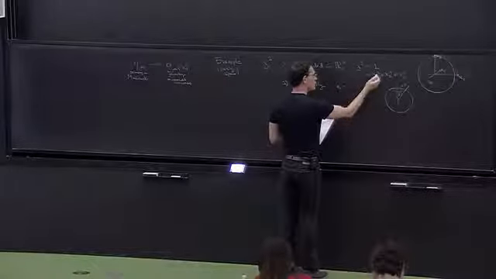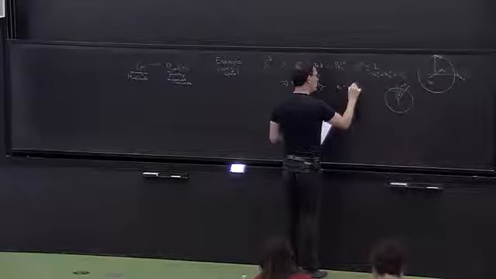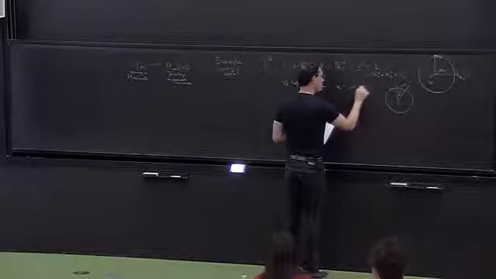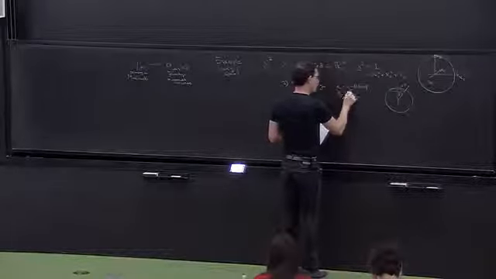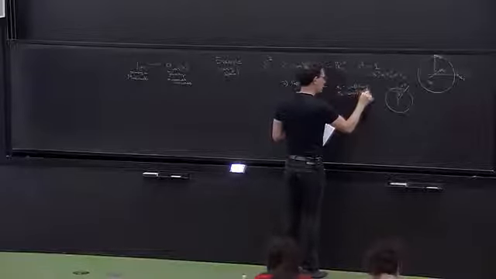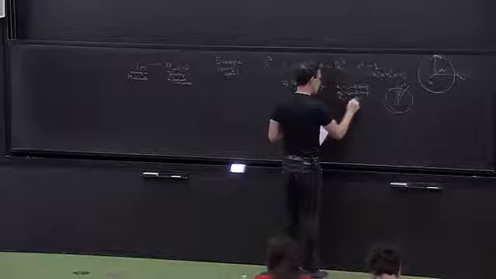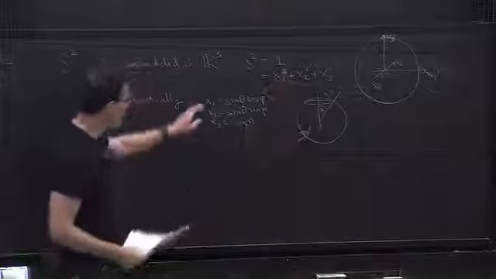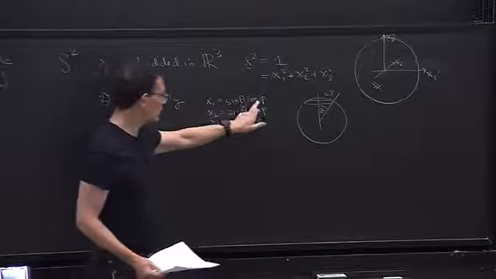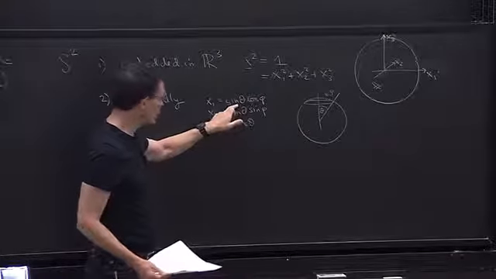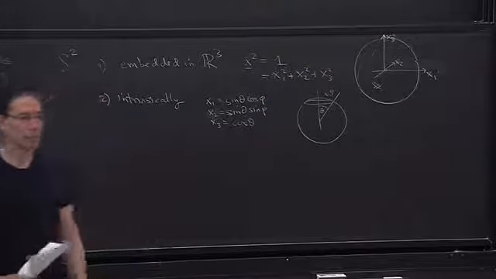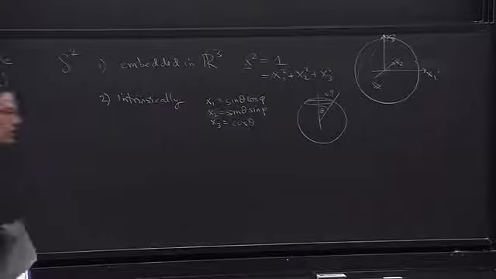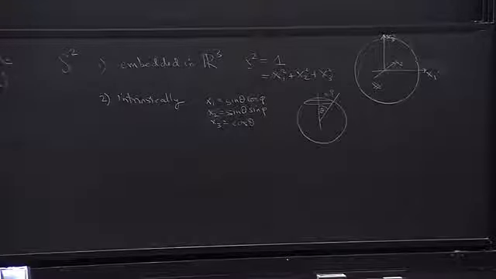And so I satisfy this constraint by writing x1 is sine theta cos phi, x2 is sine theta sine phi, and x3 is cos theta. Obviously x1 squared plus x2 squared gives cos squared plus sine squared, which is 1, and that leaves me with sine squared. Then when I add x3 squared, I automatically get 1. This kind of trick is used everywhere in the study of curved geometries.